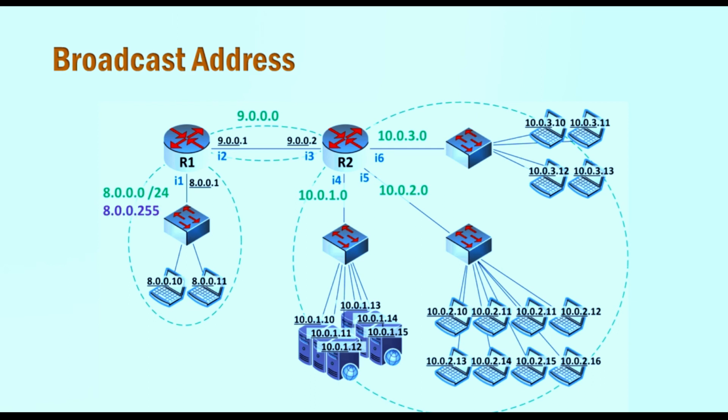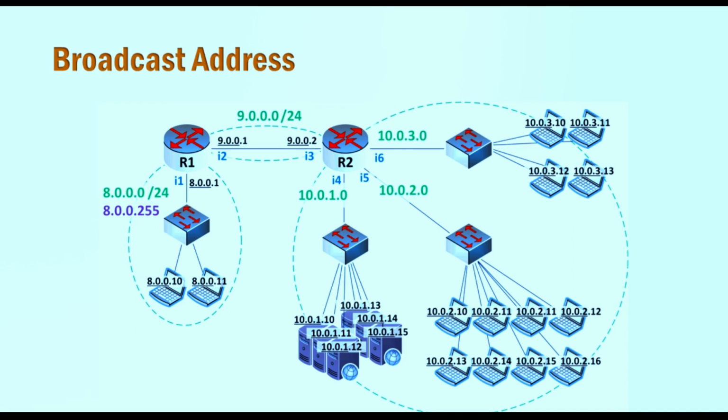So the broadcast address here is going to be 8.0.0.255. 8.0.0 is our network portion, and this last octet is our host portion. If it's filled with ones, it's going to be the broadcast address, and if it's filled with zeros, it's going to be the network ID, or the network IP address.